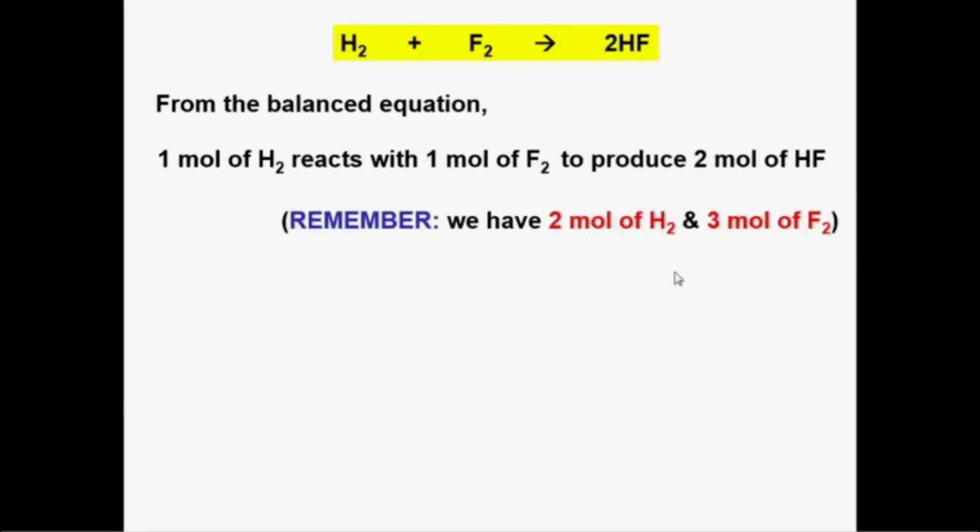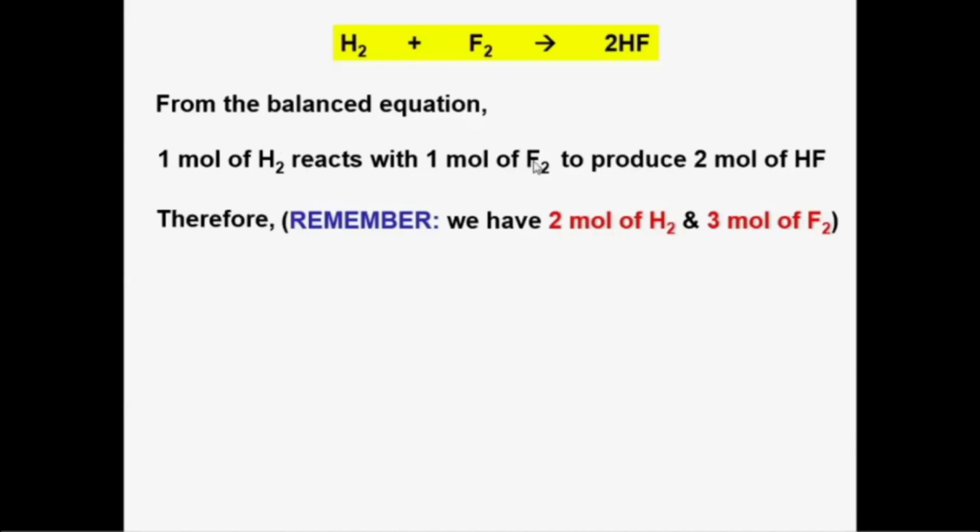Okay, guys, in this case you have an option here. You can start with hydrogen or you can start with fluorine. Let's say I'm going to start this reaction with the moles of hydrogen. If we have 2 moles of hydrogen, remember 1 mole of hydrogen should react with 1 mole of fluorine.